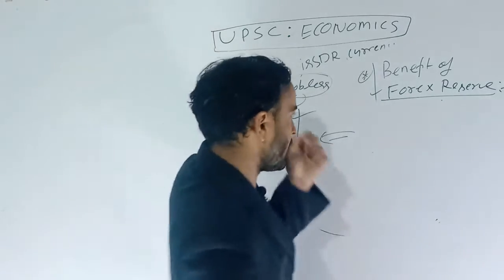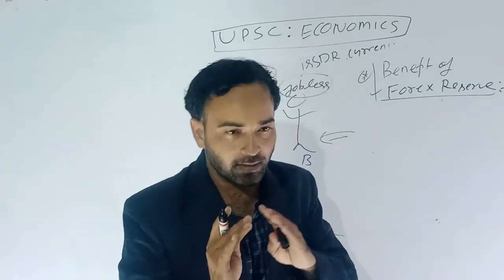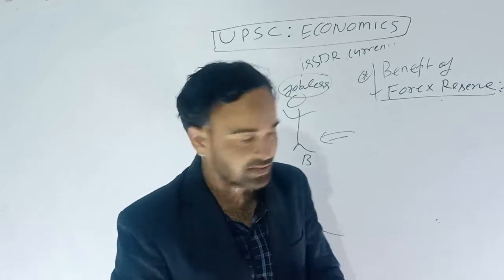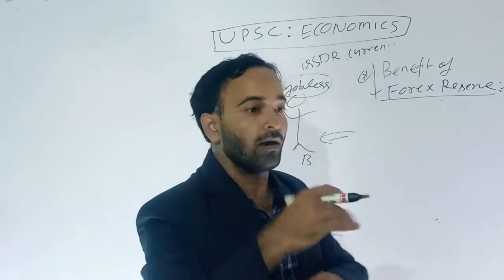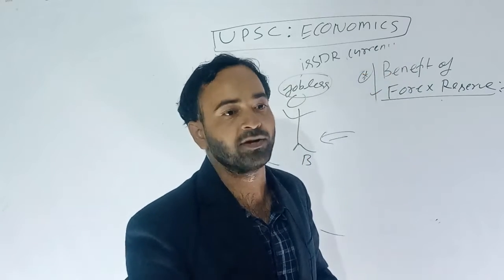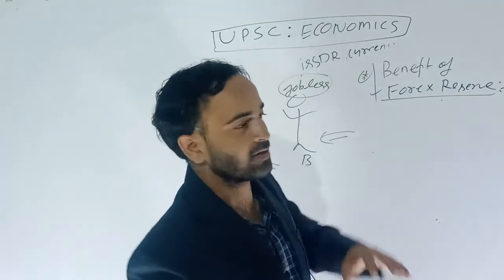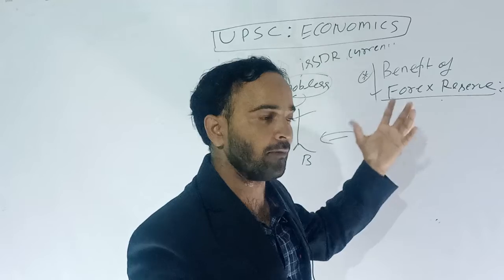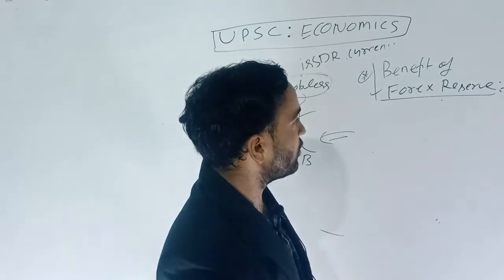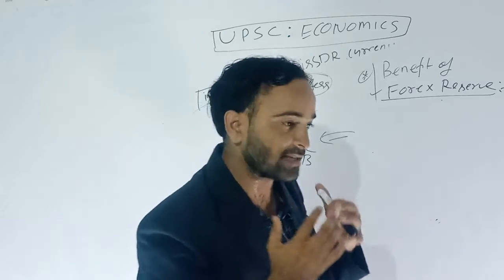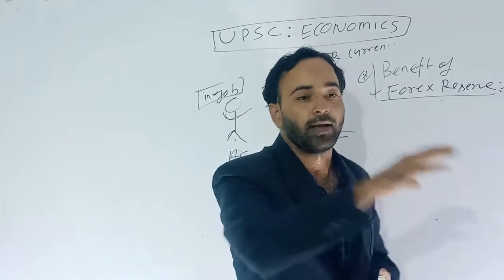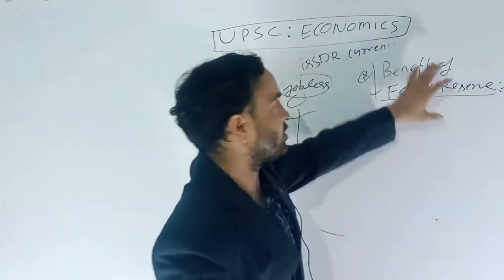In the same way, if the current account and capital account are in deficit, but the country has the Forex reserve, then outside countries, let us suppose an international organization, China, Bangladesh, from where we are taking the money, they know that this country has a large Forex reserve. Whenever any crisis occurs, he can repay my loan from the Forex reserve.